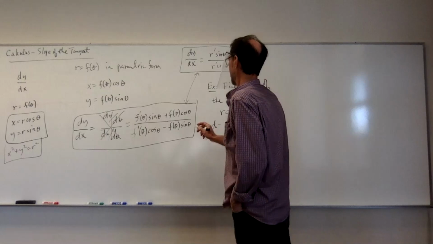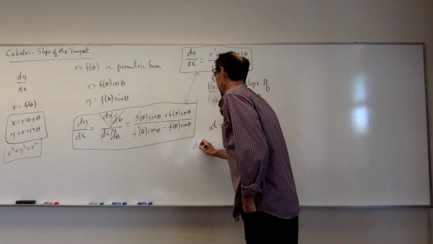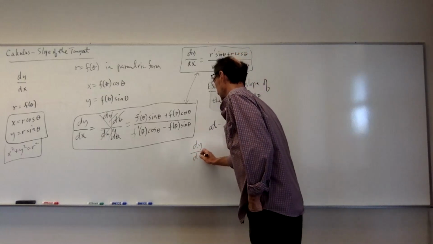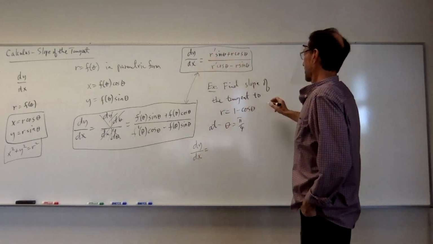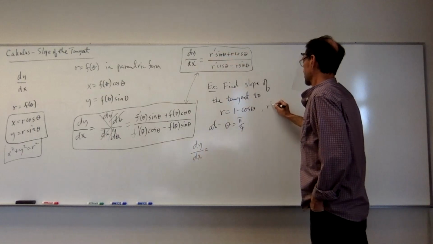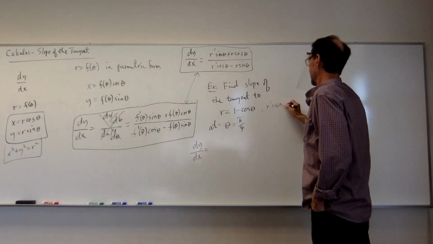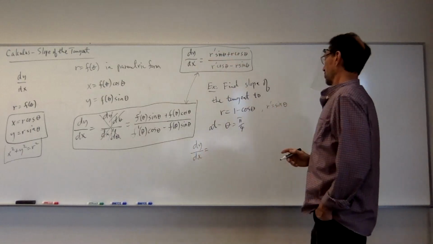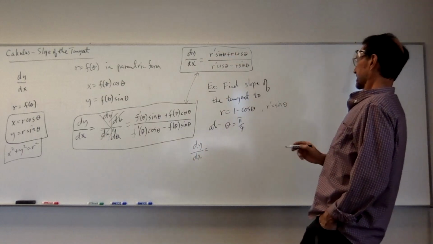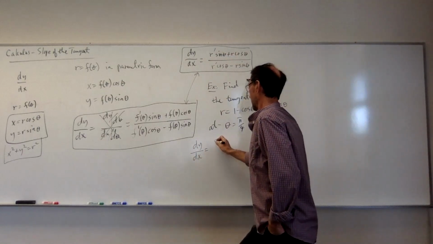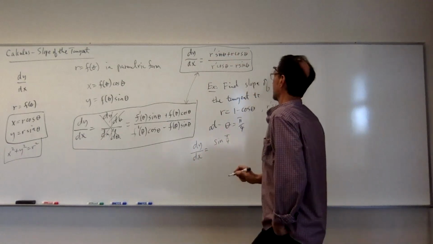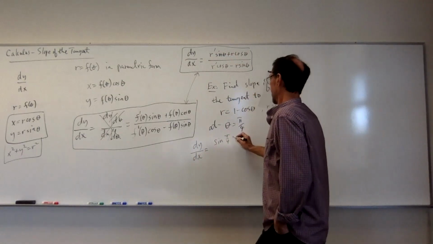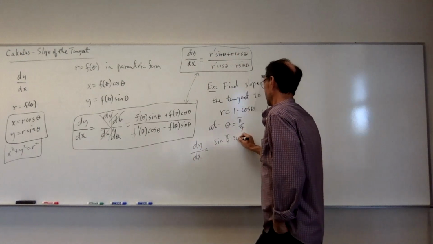But here we go. dy/dx equals r prime. Well, r prime is sine theta, right? So we're going to plug pi/4 in there, and then we're going to multiply by sine theta.